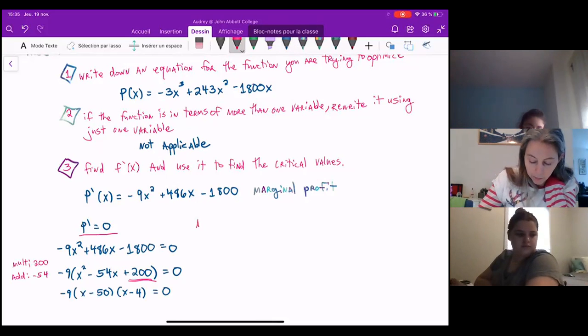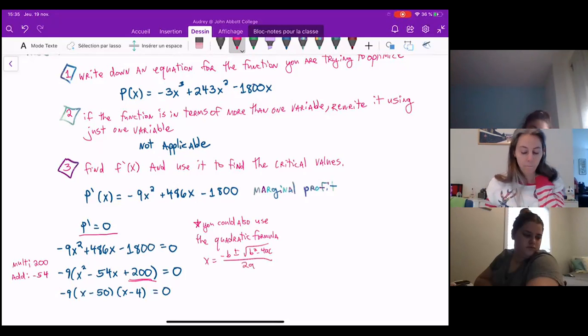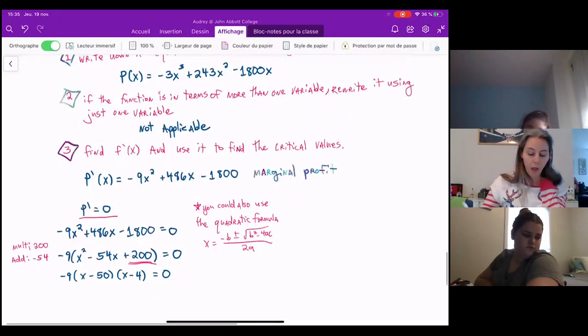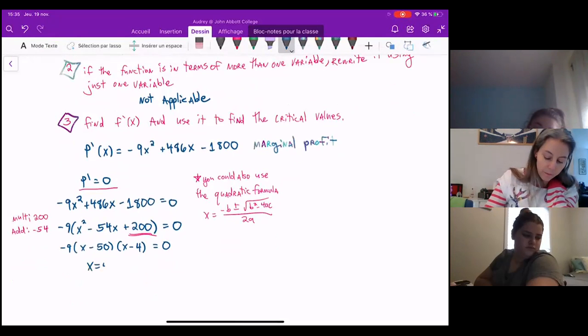So we're just going to make a note here that you could also use the quadratic formula. And the values that we get here are x equals 50 and x equals 4.